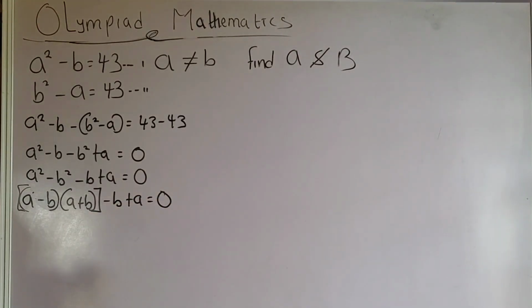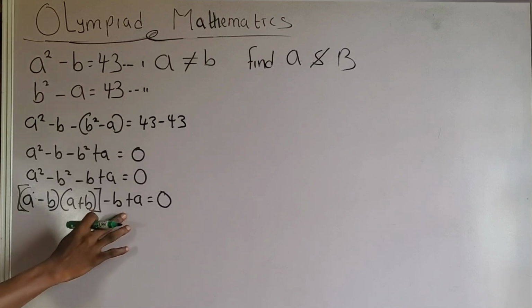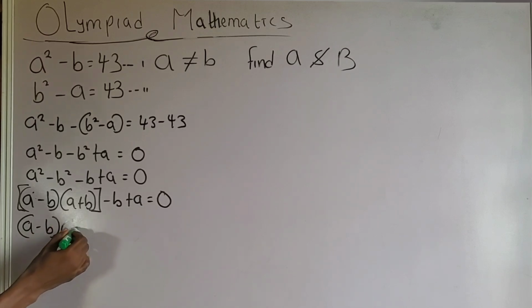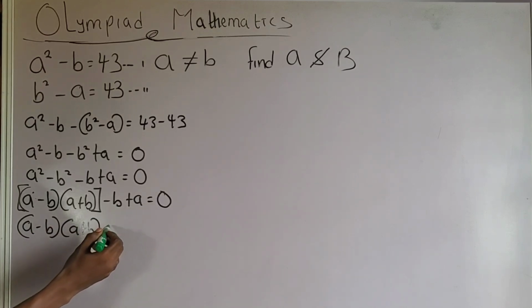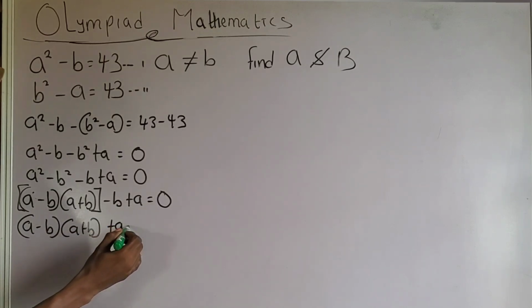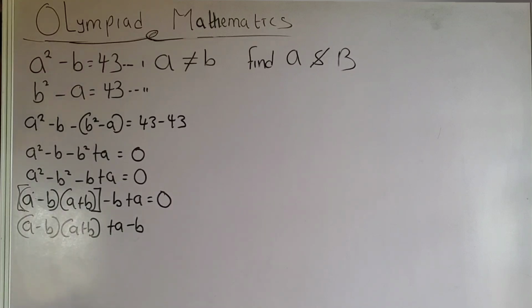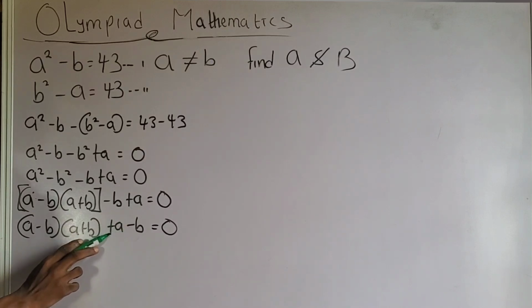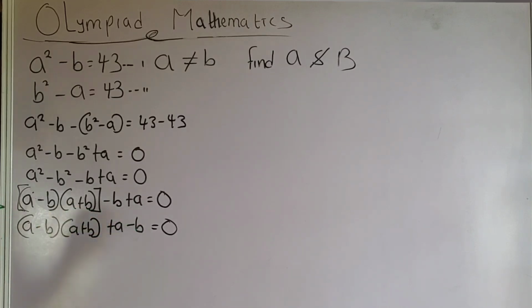Please kindly pay attention. I can rewrite this as a minus b, a plus b, plus a minus b, equals 0. What I did was move this plus a to this side, and bring this negative b to this point, so I've not done anything.